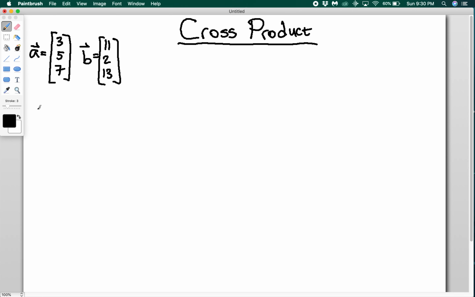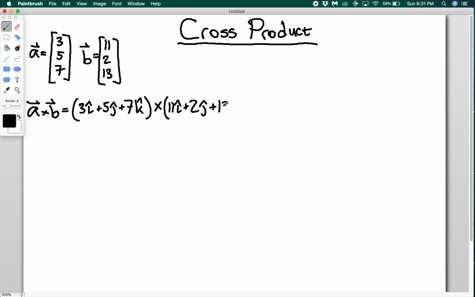A cross B is going to be 3i hat plus 5j hat plus 7k hat, crossed with 11i hat plus 2j hat plus 13k hat. And then we say, okay, now I have to FOIL this.